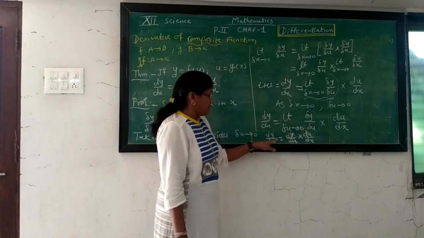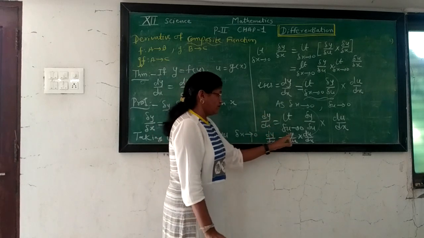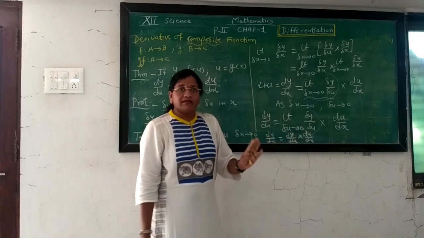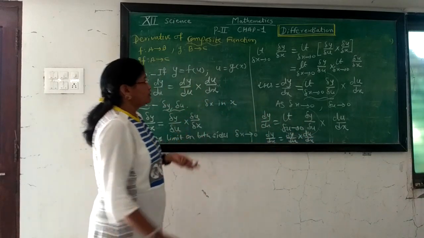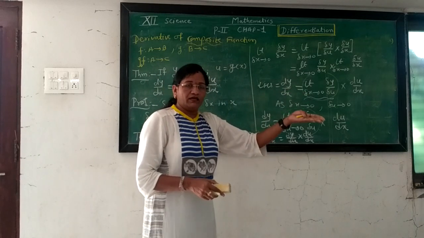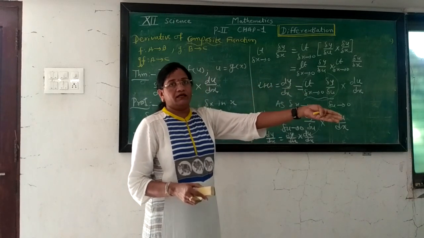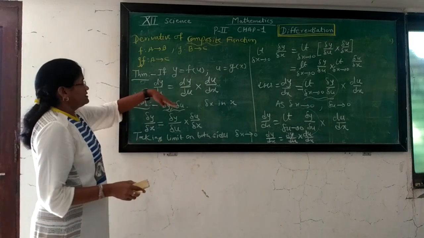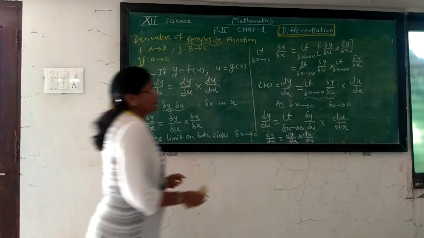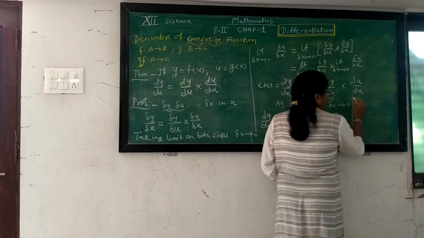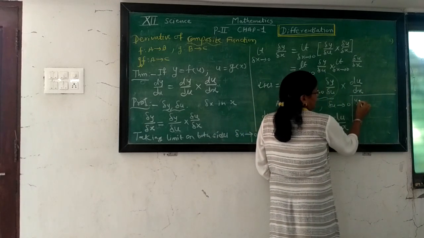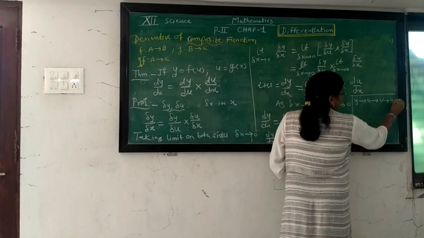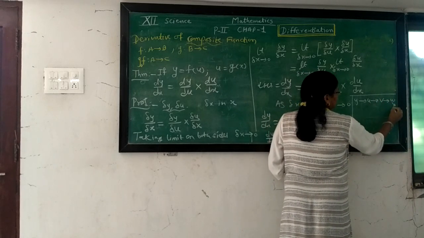For this case, we have y as a function of u, which is a function of x, but sometimes y is a function of u, u is a function of v, and v is a function of p. For this continuation of the chain, we can take the result as follows: in short, y is a function of u, u is a function of v, v is a function of w, and w is a function of x.